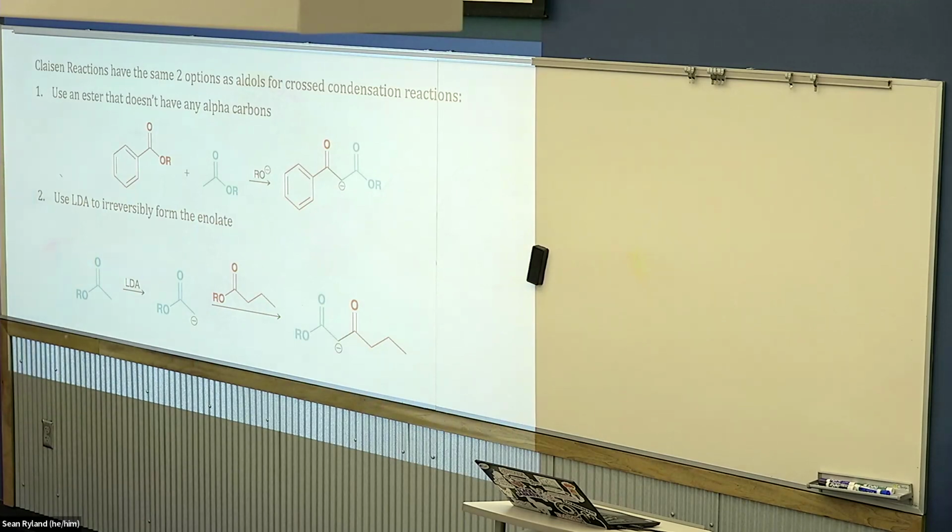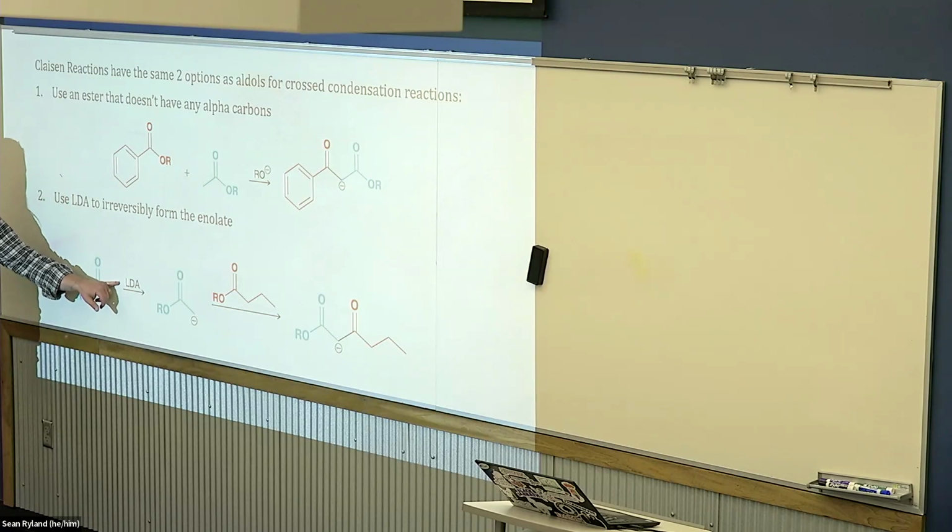If we want to do a cross-Claisen condensation, we have the same two options as aldols. Either have an ester that doesn't have any alpha carbons, or at least not any alpha carbon hydrogens. Or you use LDA and you sequence it. And this is one of the reasons why LDA is favored for these reactions, is because it's not a good enough nucleophile.